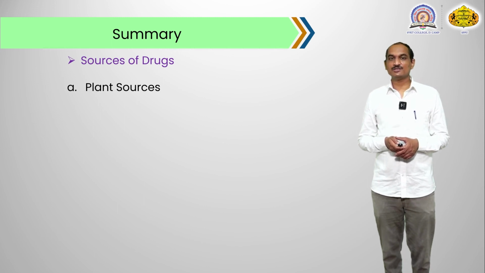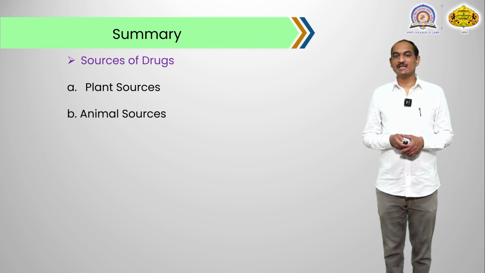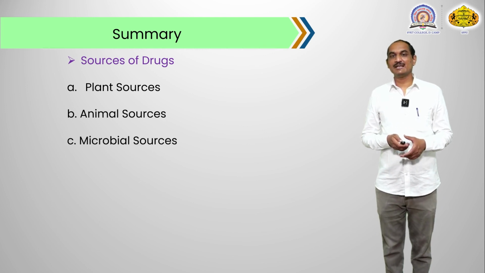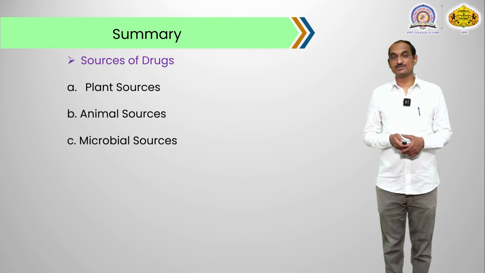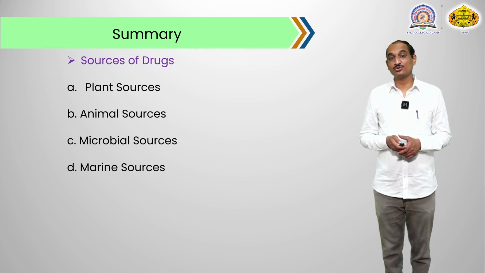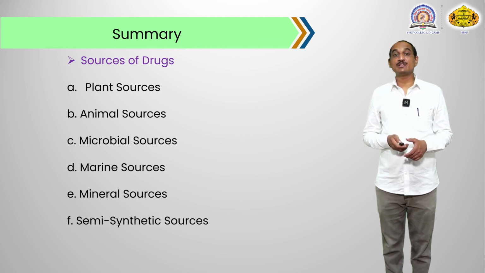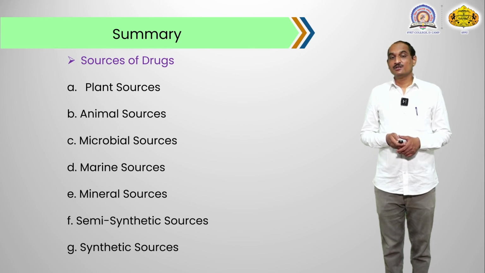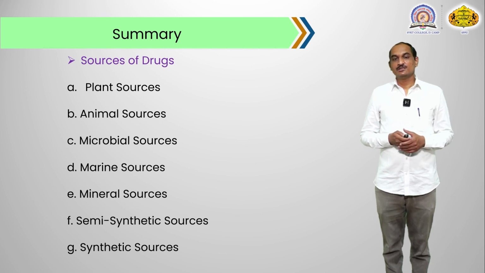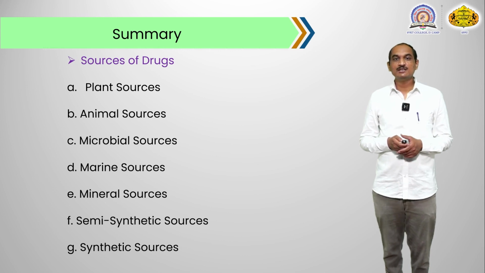The first source we discussed is plant sources. Then animal sources, then mineral sources, marine sources, semi-synthetic sources, and the final source we discussed is synthetic sources. All these sources of drug molecules were discussed in today's session.